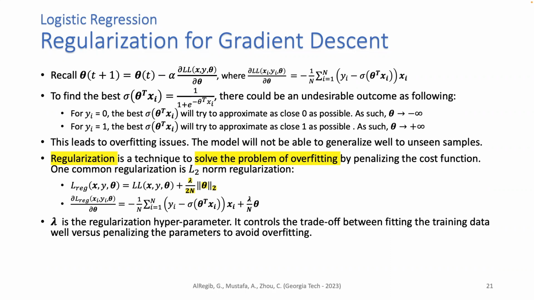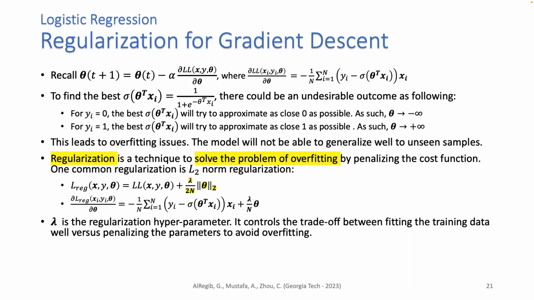Because 1 over 1 plus e to the negative h, if I want that to be equal to 0, then I make the denominator very, very large, so h has to be very large in the negative sign. That's the solution, I'm getting a 0 output. And vice versa, if I make h very, very large, then I have 1 over 1 plus 1 over a very large quantity.